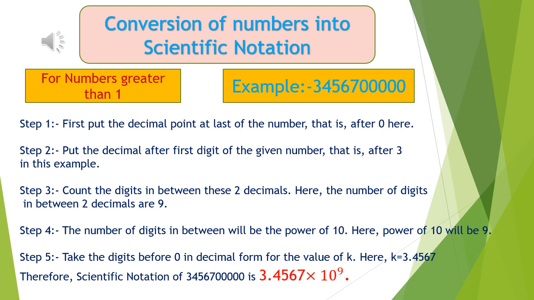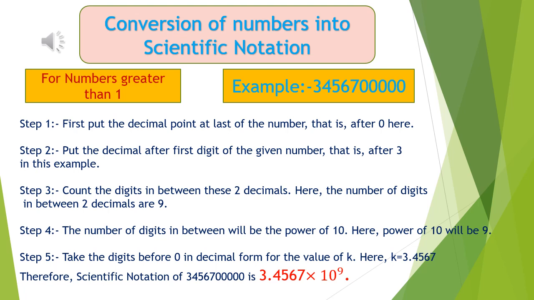Now, step number 2. Put the decimal after the first digit of the given number. What is the first digit in this example? 3. So you will put your decimal after 3. So how many decimals are there? 2 decimals. One is after 3 and one is after the last 0. Now step number 3 says to count the digits in between these two decimals.